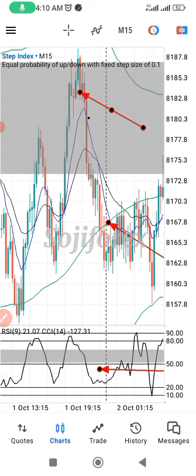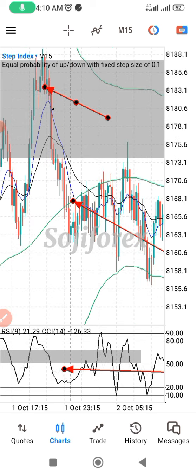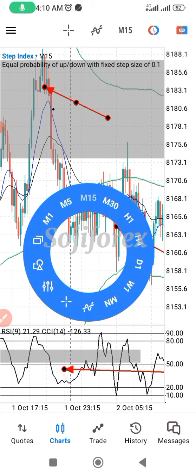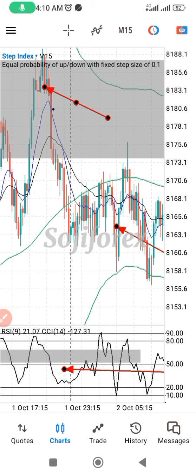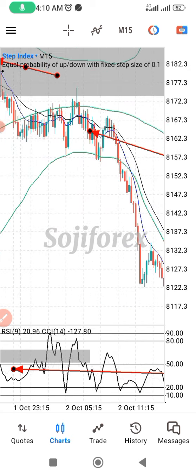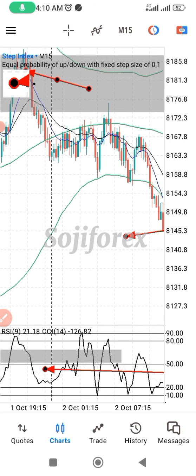Very simple and straightforward. Another continuation scenario: as far as price is coming from that zone, any other continuation you want to take is for price to come down and then pull back to the moving averages, give you an engulfing candle, and you sell, just as what we are seeing here.